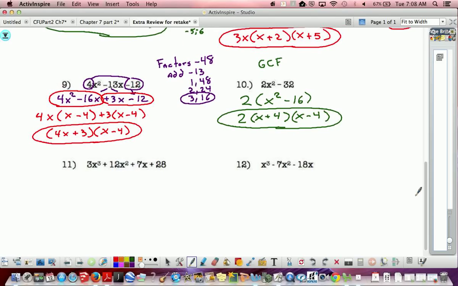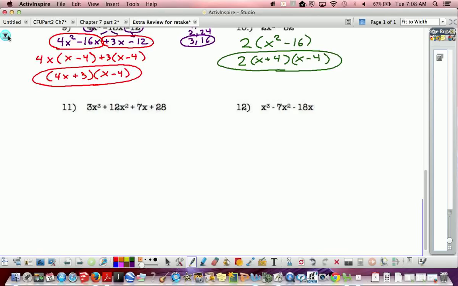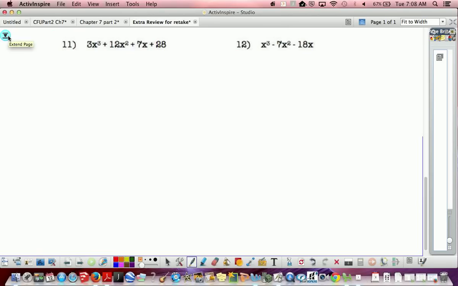All right, last 2 problems. Number 11. 3x cubed, whoops, sorry about that. 3x cubed plus 12x squared plus 7x plus 28. 4 terms automatically tells me factoring by grouping. So they have a 3 and an x in common, left with 3x squared, left with an x plus a 4. 7x plus 28 have a 7 in common, left with x plus 4.